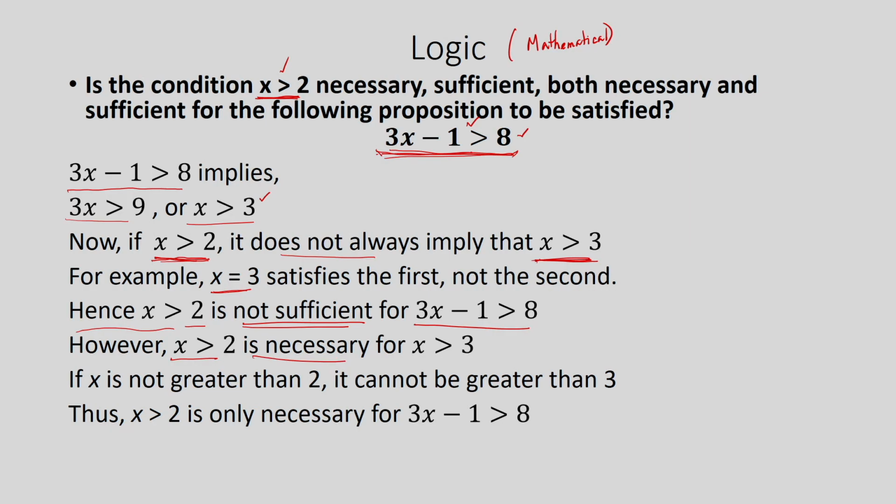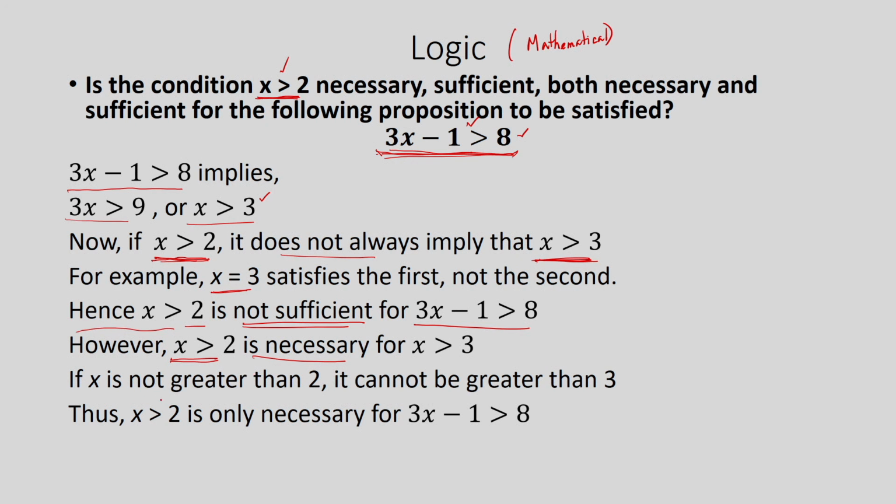And the reason is the following: remember the definition of a necessary condition, that if this condition is not satisfied, then the proposition is also not correct. Now, that is the idea that we are going to apply here.